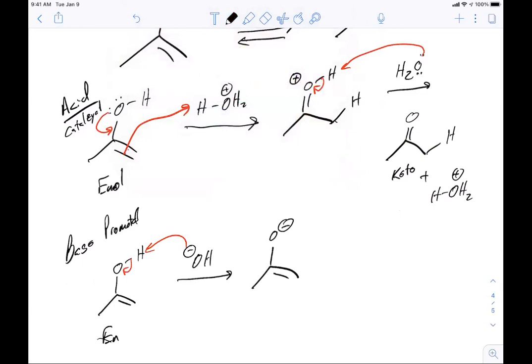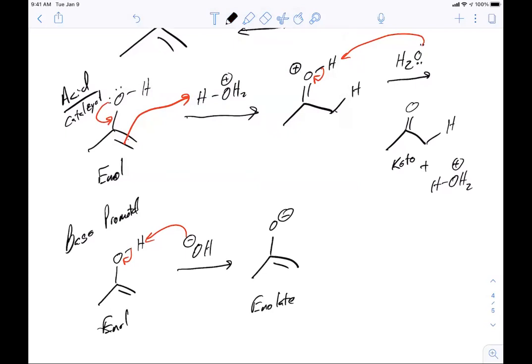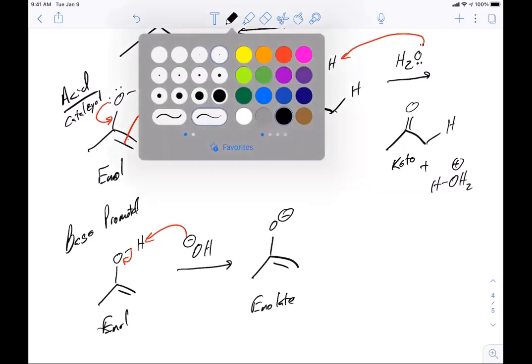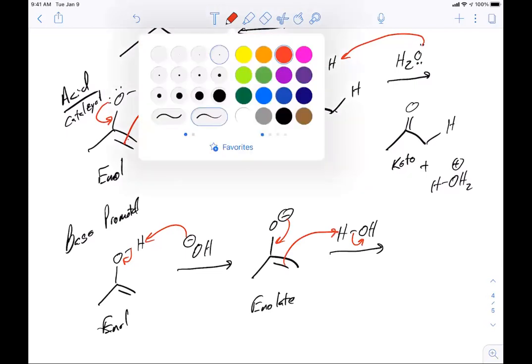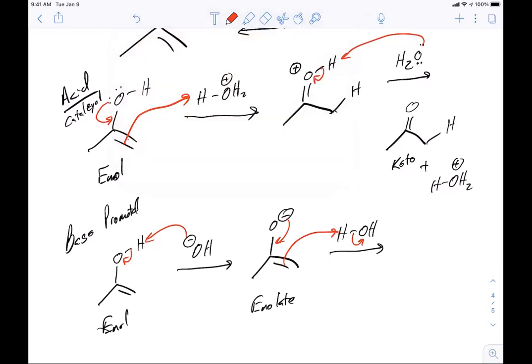So we're going from the enol here to the enolate. In chemistry, if something ends with an ATE or ITE, that usually means an oxygen negative species. So enolate. And then again, the oxygen negative comes down towards the double bond, kicks out, picks up a hydrogen, and forms the ketone.